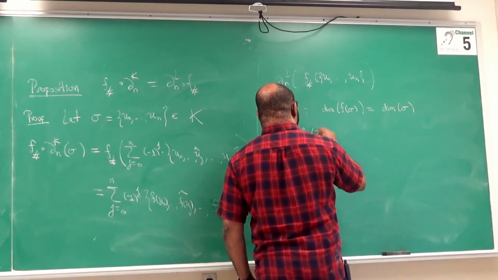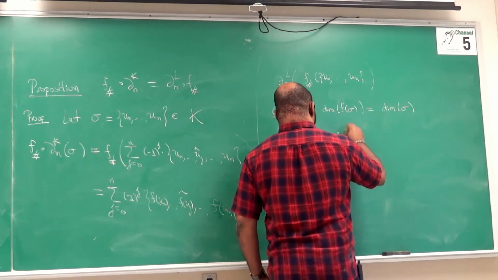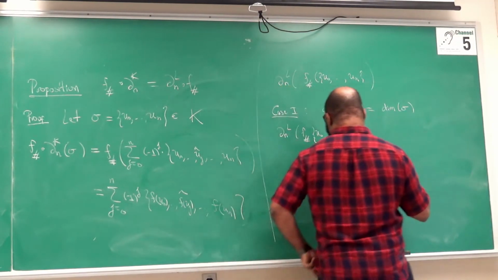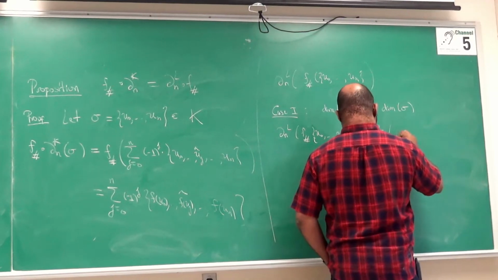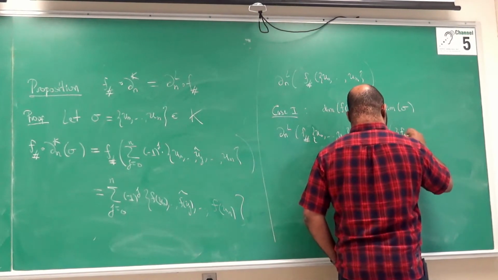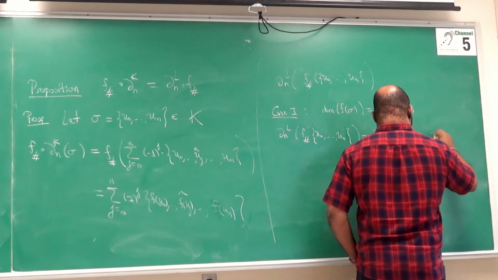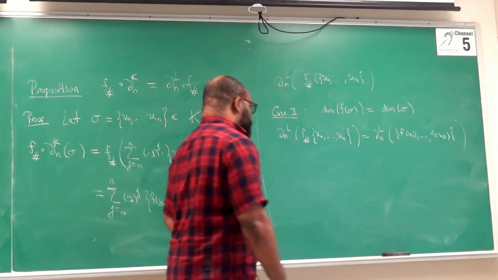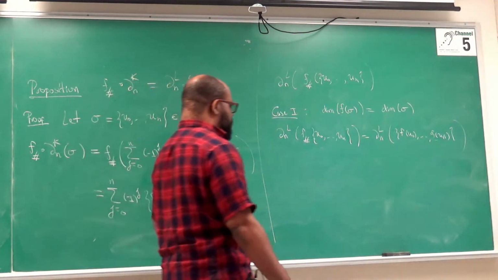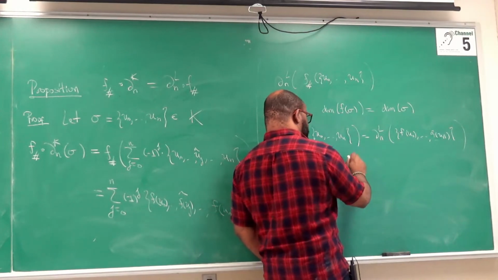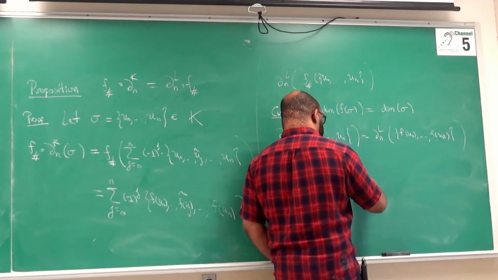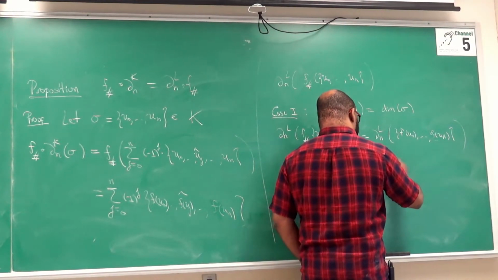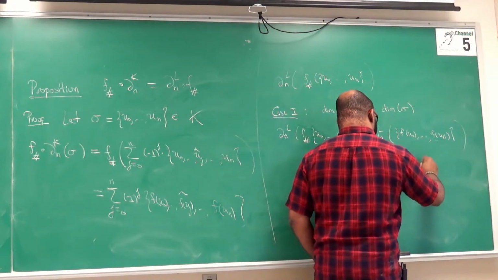In that case there is just not much to do, because f sharp of un is going to be the same as the L of f u0 through f un, again up to a sign that we have to be careful about, but it'll work. And this is just the sum from j equals 0 all the way up to n of minus 1 to the j times f of the face.